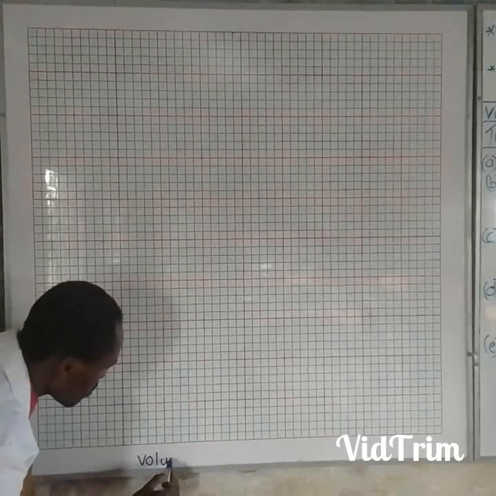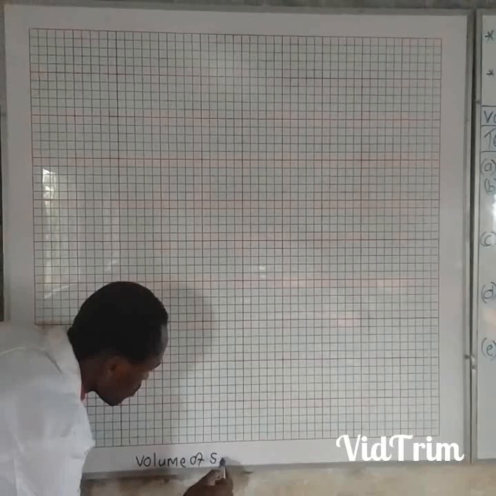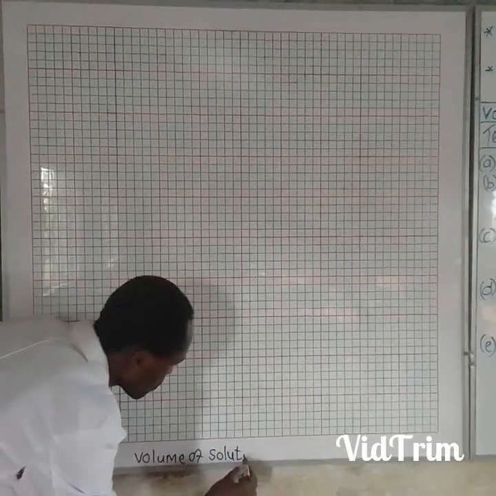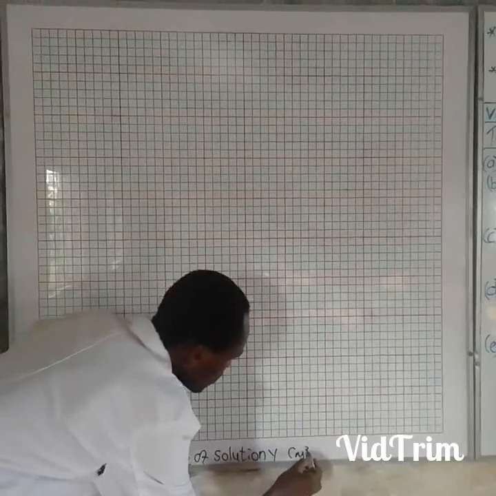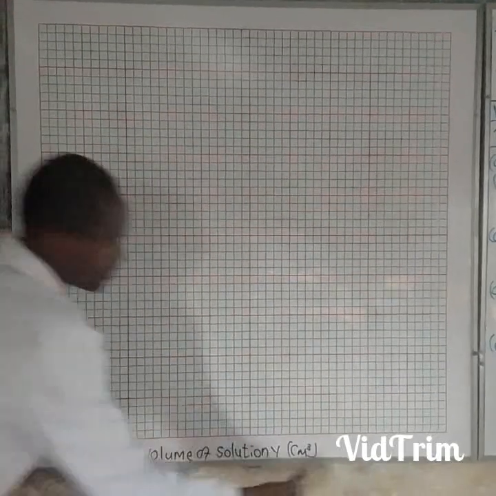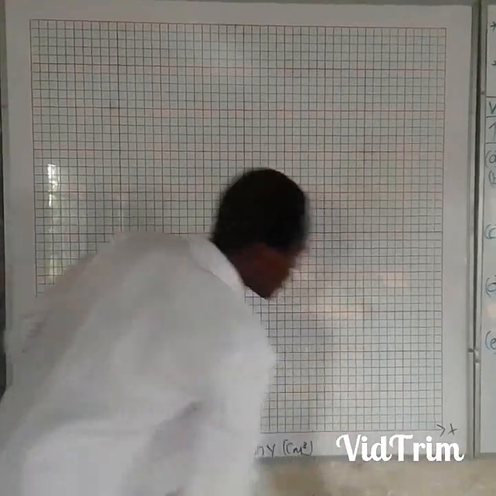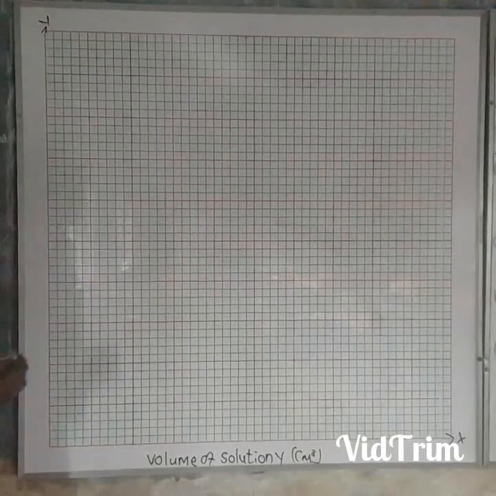volume of solution Y in centimeter cube. That's on the X-axis. So I take this one to be my X-axis, then I take this one to be my Y-axis.